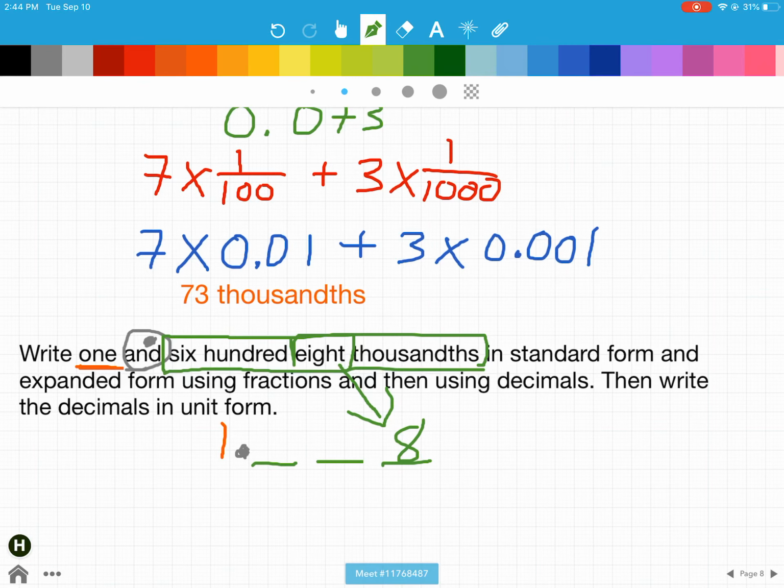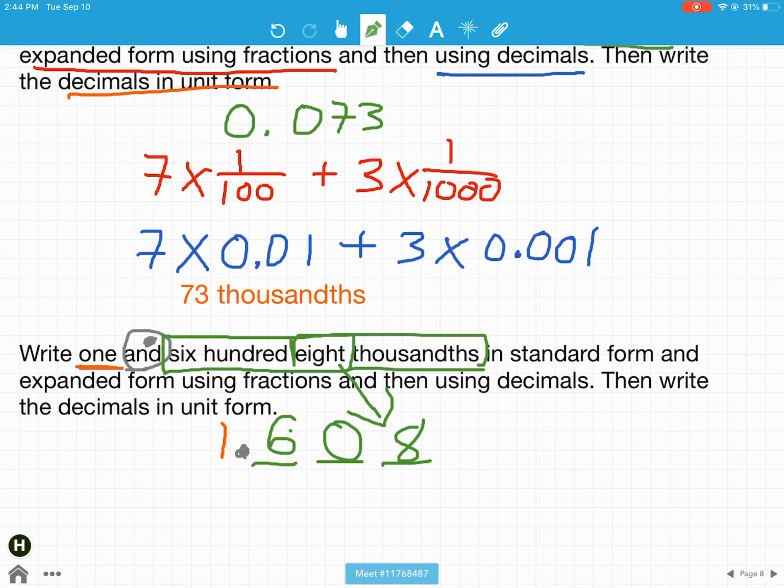Now it says 608. So there's 6 and the 0. 6 and a 0, and then 8 thousandths. You see that? All right, so hopefully that's helpful.